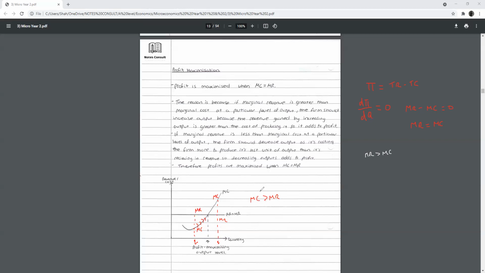Because it's costing me more to produce another good, because my costs are higher than my revenue. So I should move downwards to this curve. And so this is why I meet here where my marginal cost is equal to my marginal revenue. And that's the profit maximizing point. Okay.